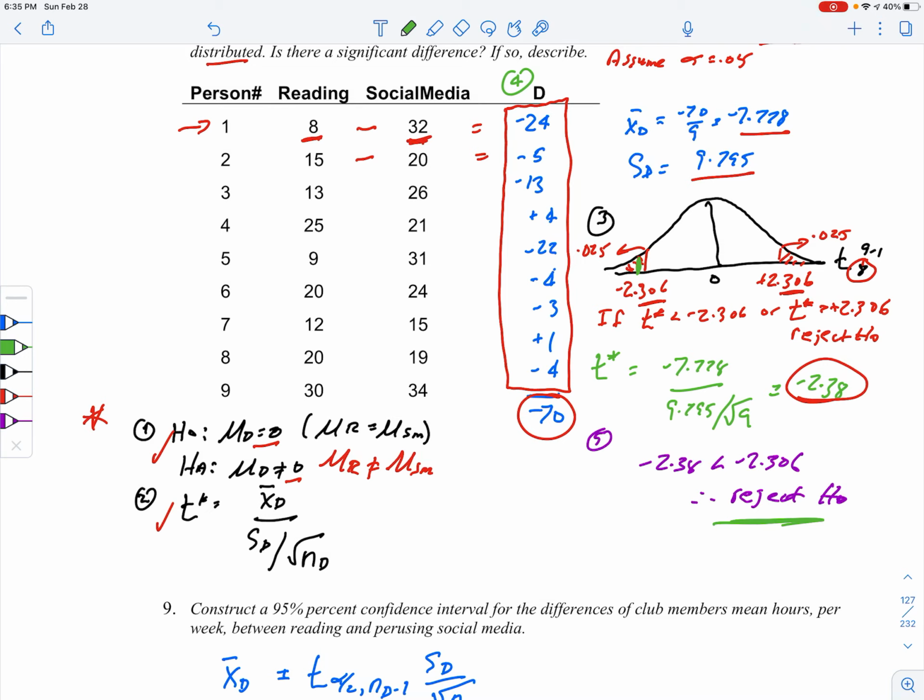One thing I guess I didn't do is write the conclusion here. What this is showing is that because you end up with a negative here, the time spent in reading is significantly less than the time spent on social media.